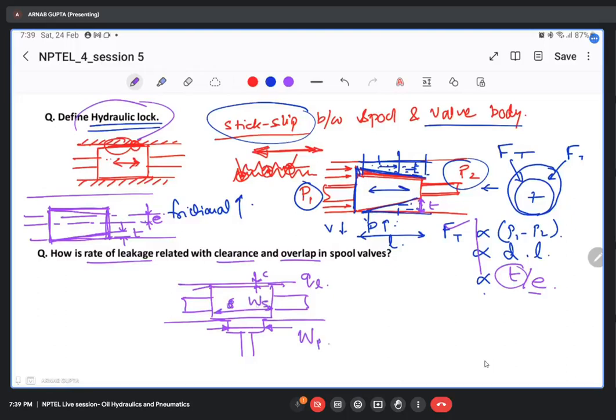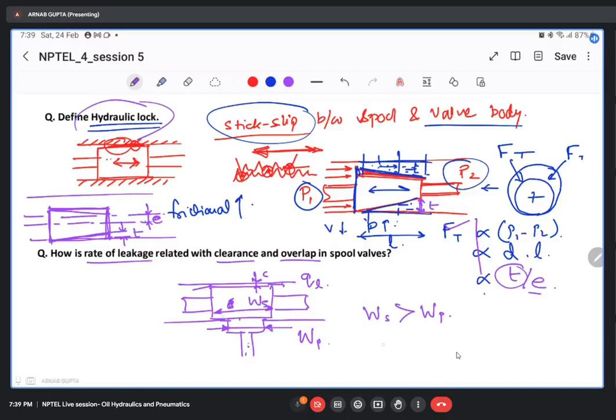Okay. So in this case, you can see that WS is greater than WP. So there is some overlapping, right? Like if the spool moves by a distance WS, then only the fluid flow will take place, either from this side towards and inside the valve or out of the valve.